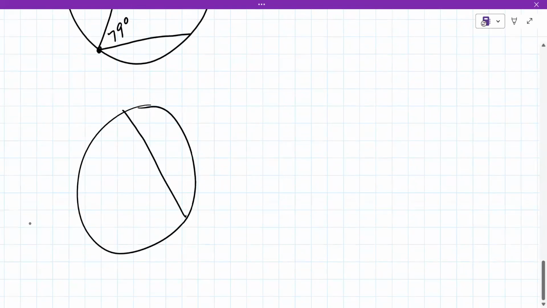This is 79 degrees. This is M. What is the value of M?